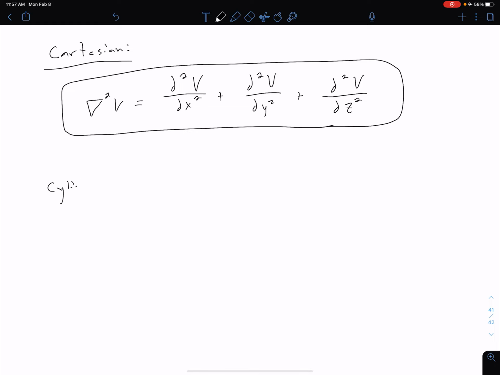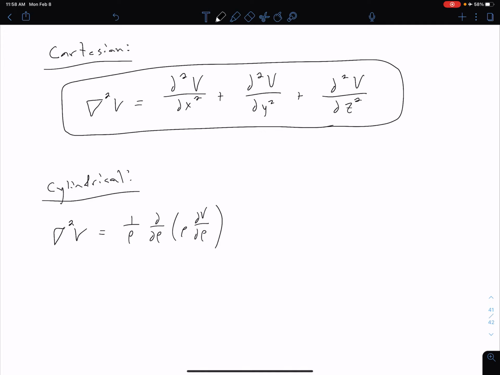So now let's look at our cylindrical. Again, we're just using our previous definitions for gradient and divergence. So here the Laplacian of V is equal to 1 over rho times the partial with respect to rho of rho times the partial of V with respect to rho. So again, this is one of those cases where we want to do this partial derivative, multiply by rho, then do this partial derivative.